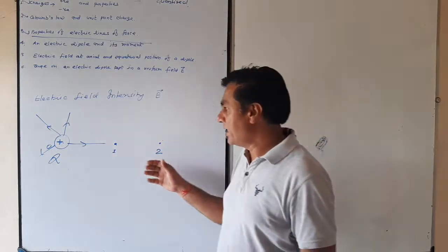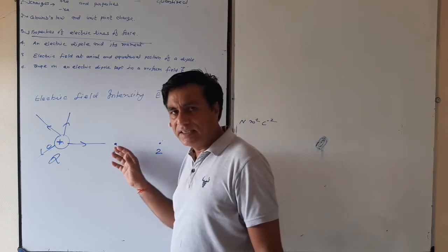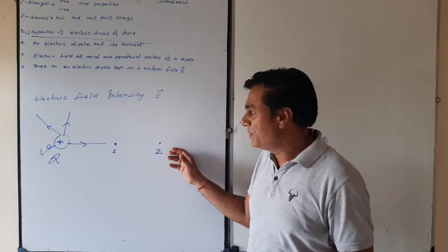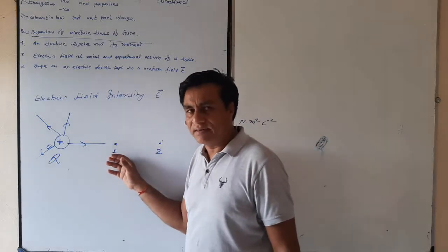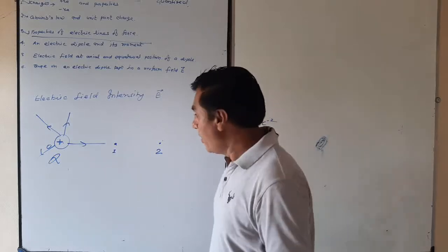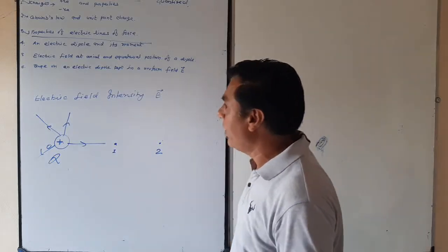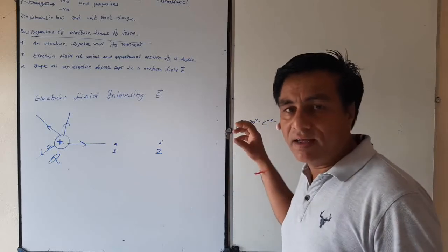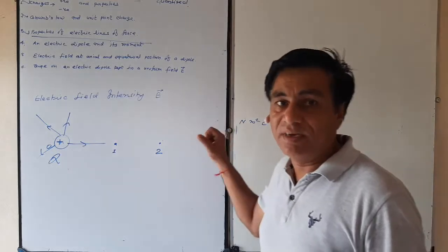It means the electric field intensity at point 1 is more than at point 2 because it is near, or close, to the source charge. Now, in order to define a physical quantity, it should not depend on our testing charge magnitude.